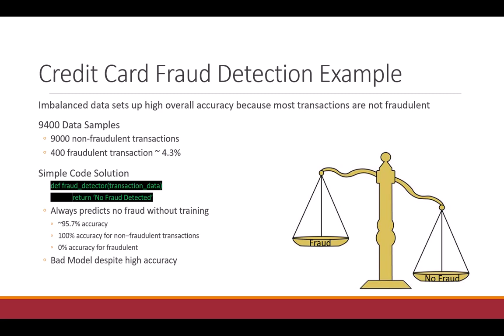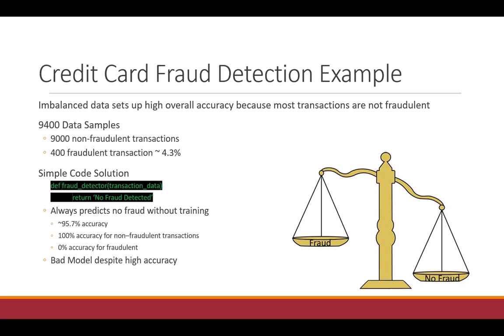In this case, for our sample, we'll say we have 9,000 non-fraud transactions. We may also have 400 that are actual fraudulent transactions, or at least identified as such. But the issue is we now have a case in which about 4% of our transactions are fraudulent.